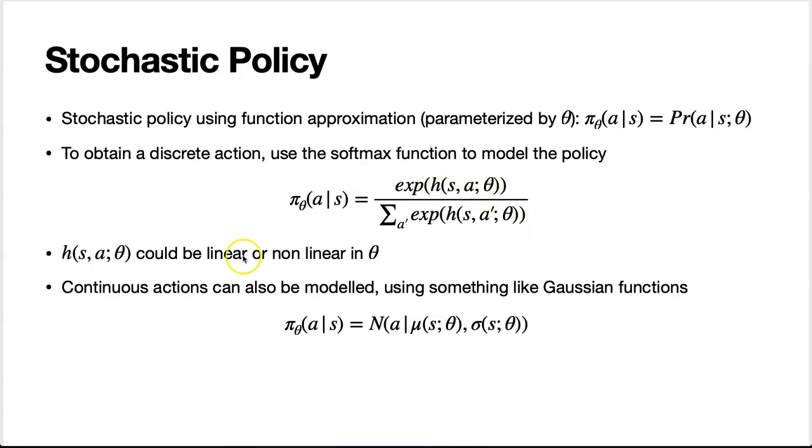The scoring function h could be linear or non-linear in theta. So this is a function that is approximated using the parameter theta, and therefore it can either be linear, where we could use a linear function approximator, or it could be non-linear, where we can use an approximator like a neural network. If we need to model continuous actions using a stochastic policy, traditionally some kind of continuous function like the Gaussian function is used.